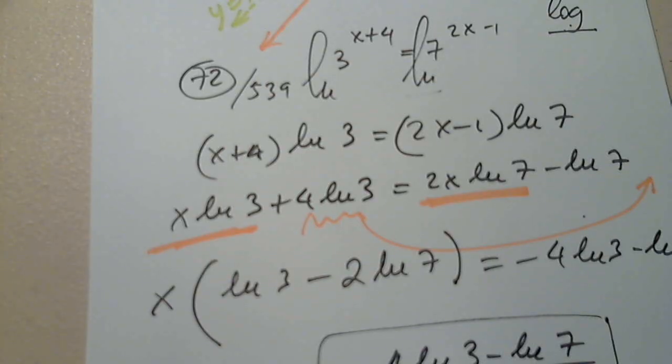What I'm going to do is this. 3 to the power in parentheses, the previous answer, plus 4. And I will move the right term to the left-hand side, minus 7 to the power in parentheses 2 times the previous answer, and minus 1.